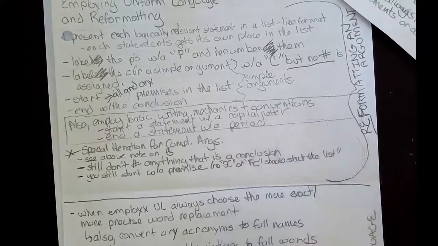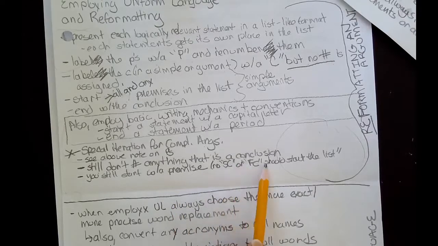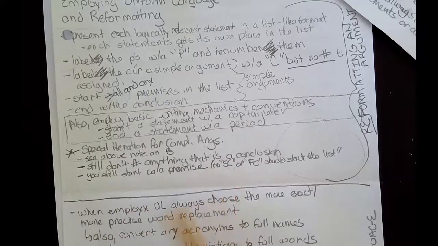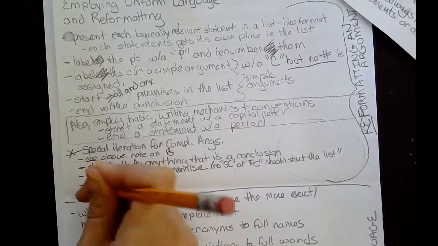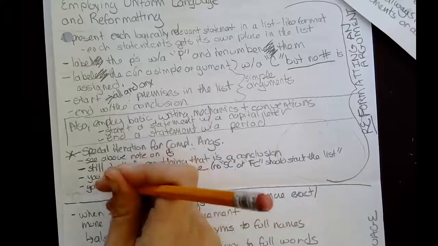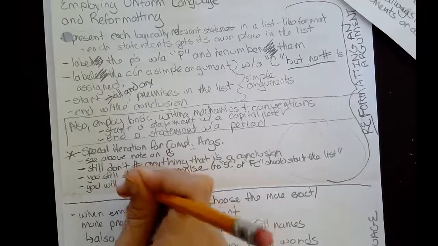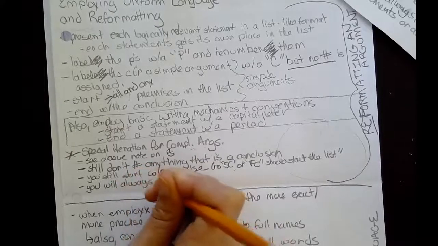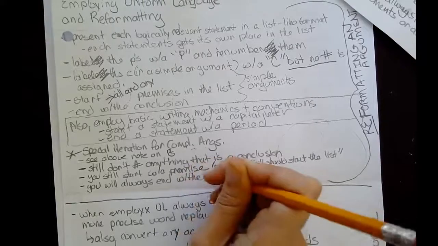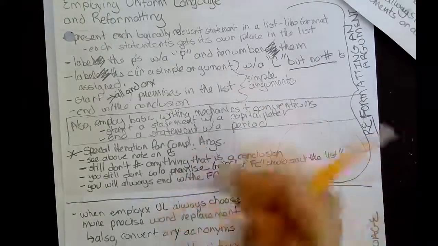So when you're reformatting a complex argument, I should never see you start with a subconclusion or a final conclusion. You will still start with at least one premise, okay? In a complex argument, you will always end the list with the final conclusion, or with FC.